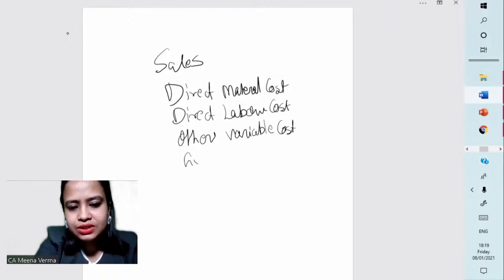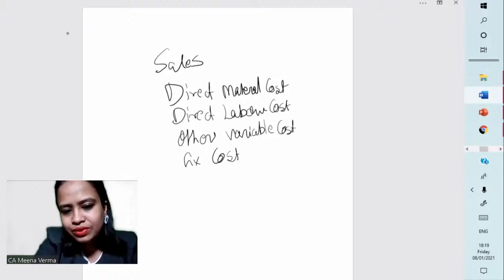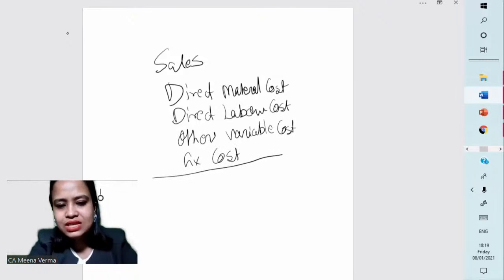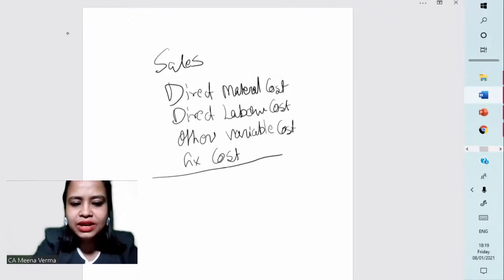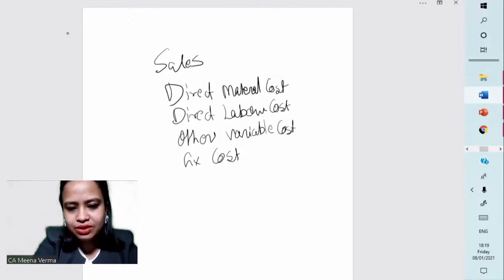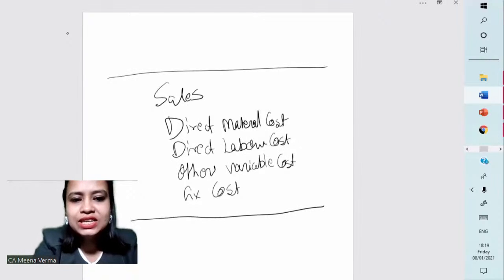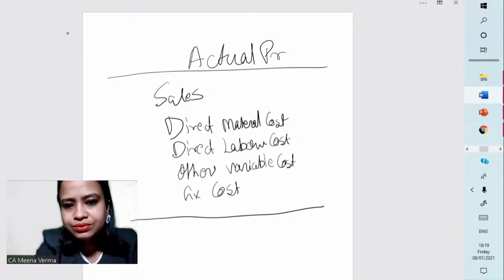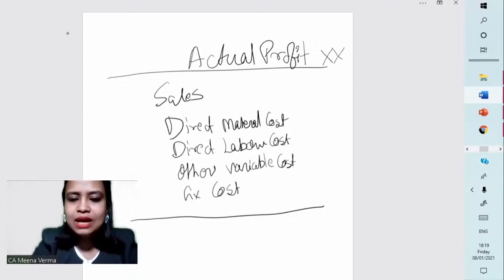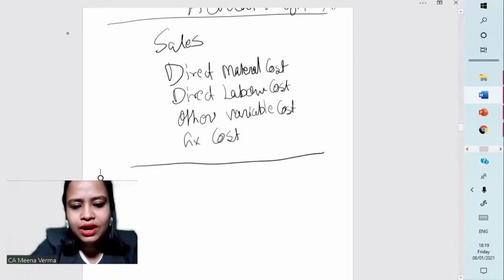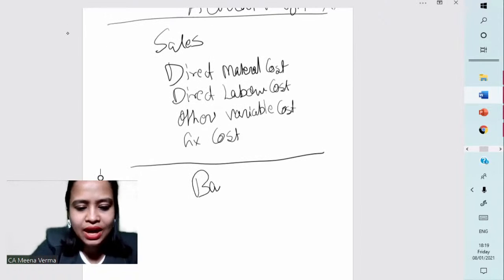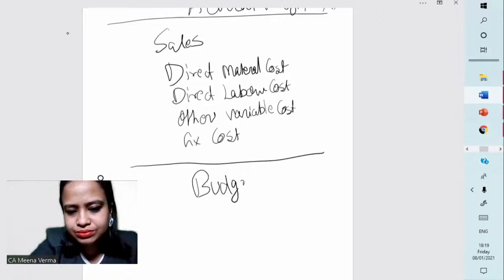Okay, then we consider the fixed cost. These are all the costs. Sales minus cost, we will get the profit. Right? Now see, if I'm considering here the actual profit at this place, and at this place I'm considering my budgeted profit.